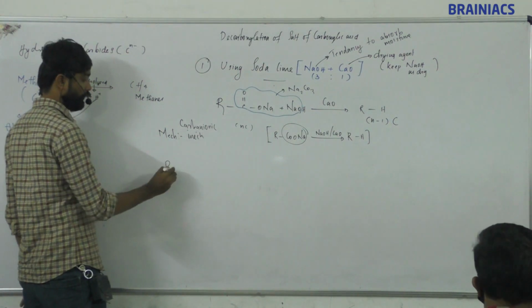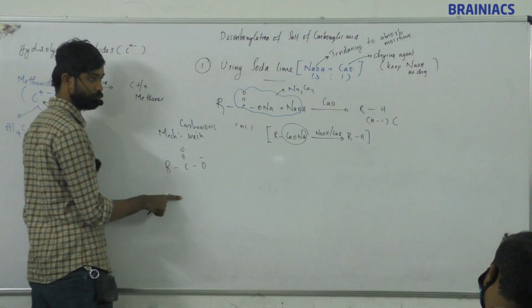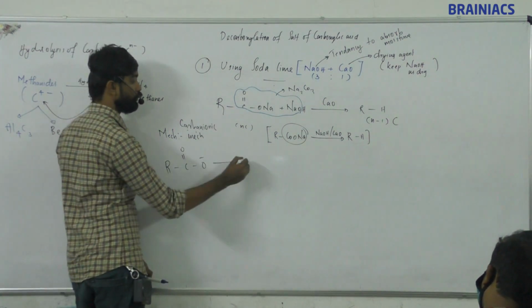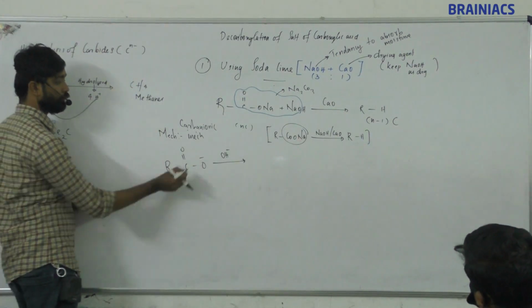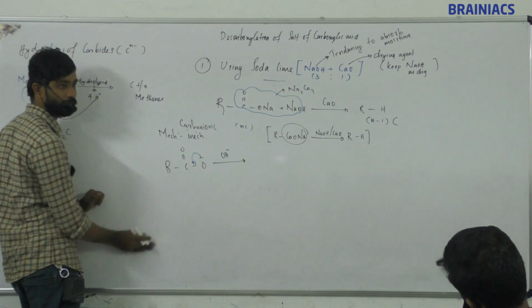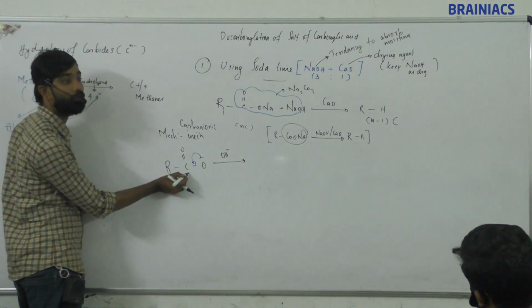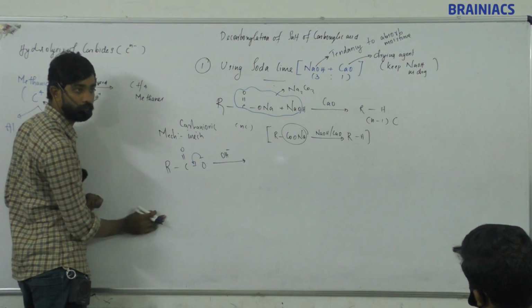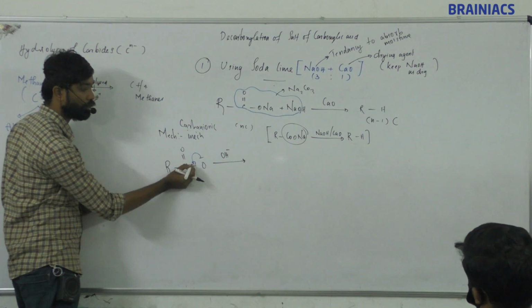Listen, we have RCOO- here, which on treatment with the base, this bond jumps to here. So the valency of this carbon becomes 5, right? You know the resonance structures. If this electron pair jumps to here, there will be a bond.